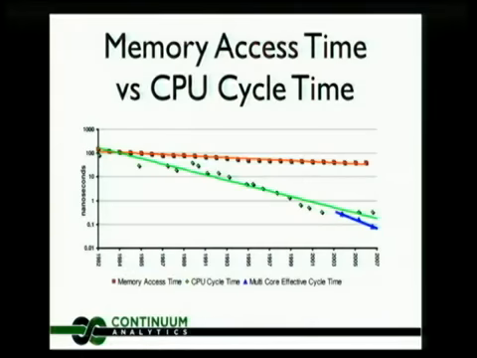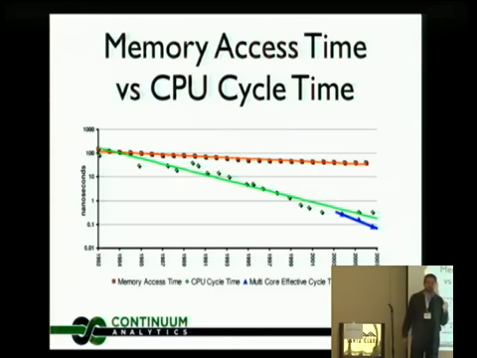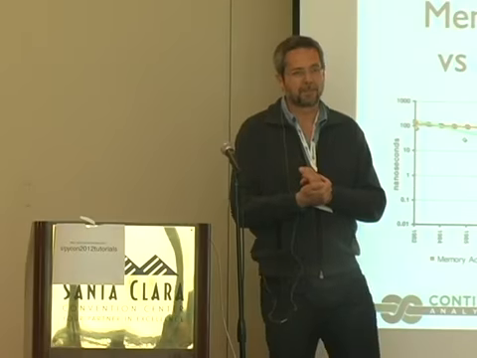Yes, this is where microprocessors, multiprocessors and multicores started to appear. So this is a corrected line. This is a correction of this green line, corrected by the number of CPUs or the number of cores that can fit on a CPU.